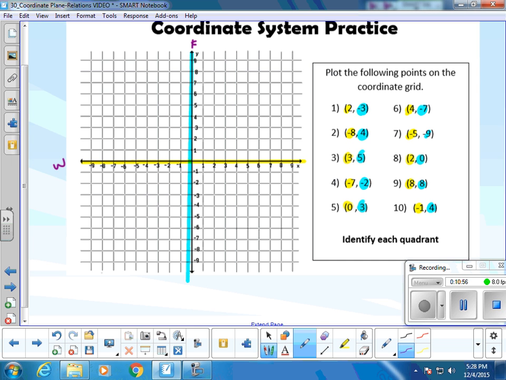So our first x says we're going to go 2 to the right because it's positive, and then we're going to go down 3 because it's negative. 1, 2, 3. So our point is right here. That is 2, negative 3. And if I think about that, that's in the fourth quadrant. You don't have to write that, but if you want to have that for your notes later, you can.